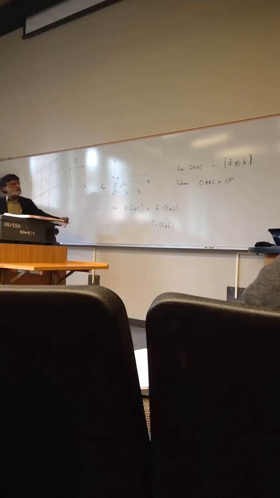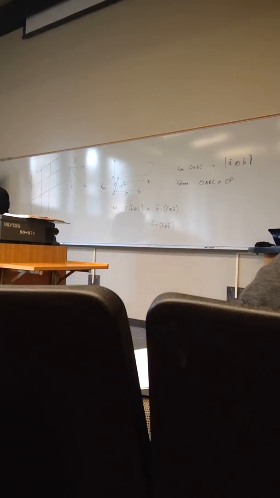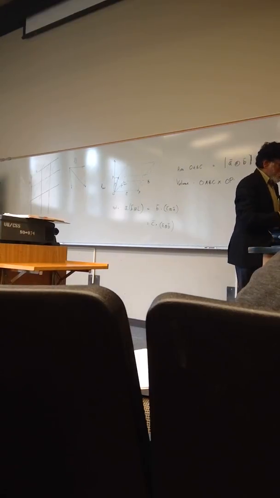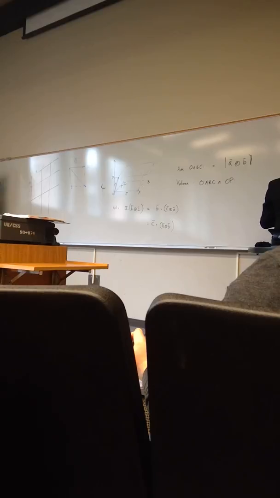A cross b is essentially this area, and it gives you the vector. You take the dot product of that, and you get essentially the volume. So in textbooks you will sometimes see this volume term written as a dot b cross c.